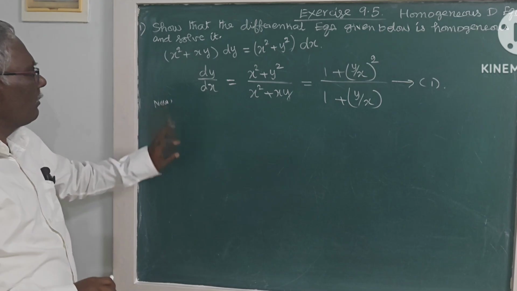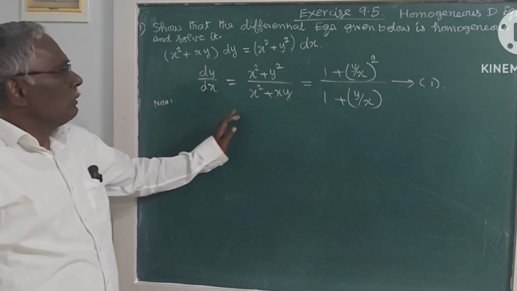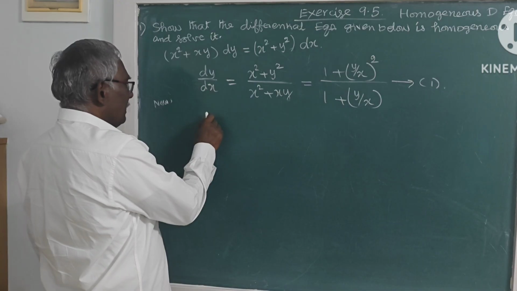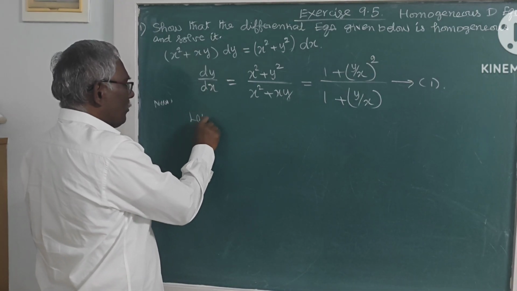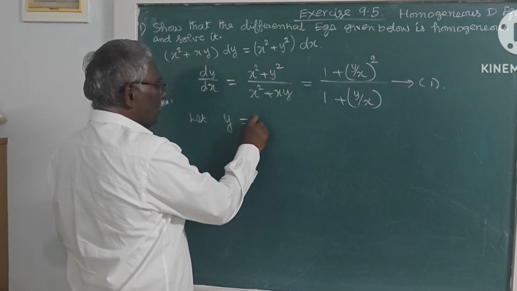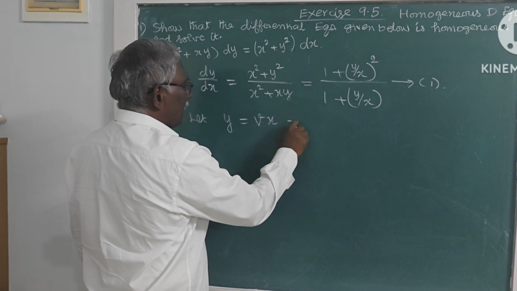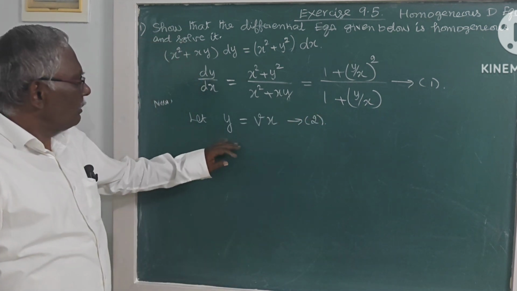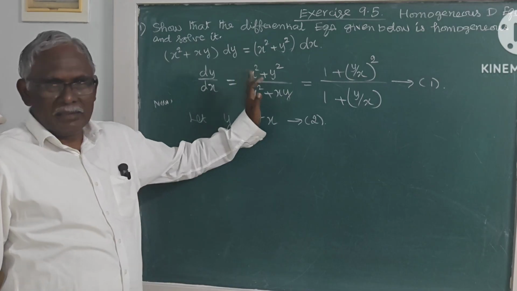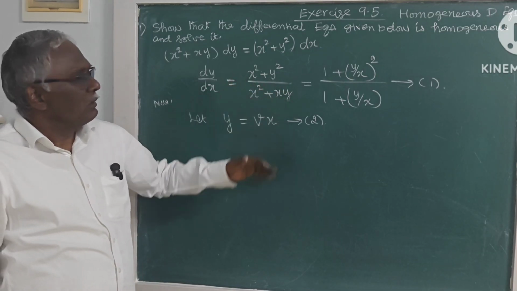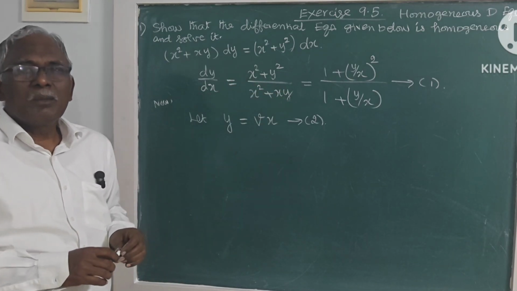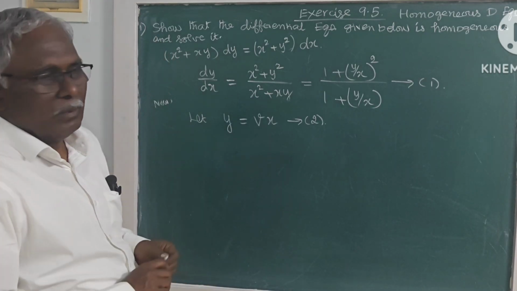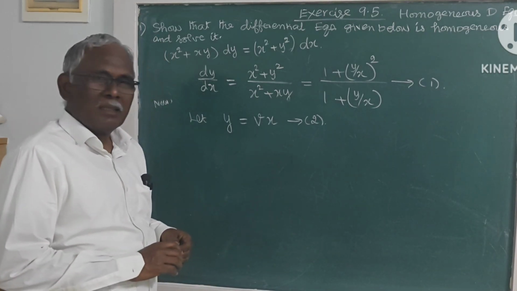Now to solve this equation, we let y is equal to vx. Once you substitute this in this equation, it changes to variables separable form, and we know how to solve that differential equation.